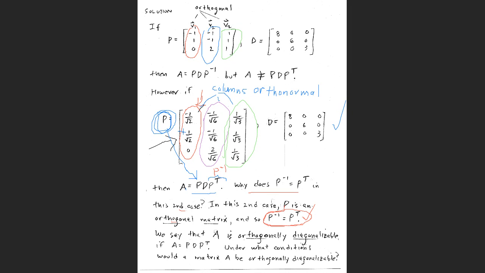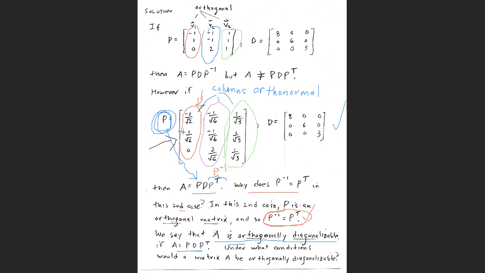So when this happens, we say that the matrix A is orthogonally diagonalizable, because A equals P times D times P transpose. So this is really nice.